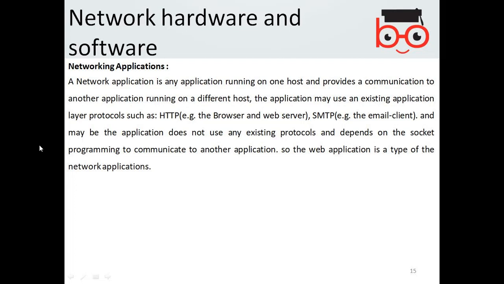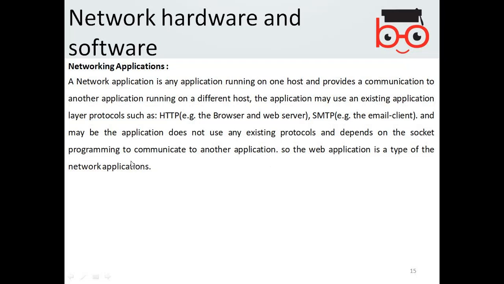So the application may use an existing application layer protocol such as HTTP, SMTP, and maybe the application does not use any protocol and depends on socket programming to communicate to another application. So the web application is a type of network application.